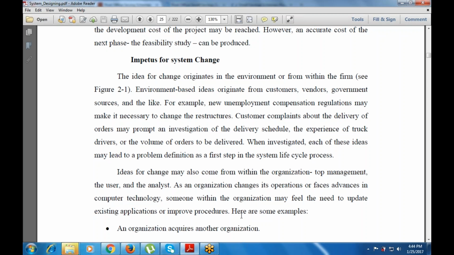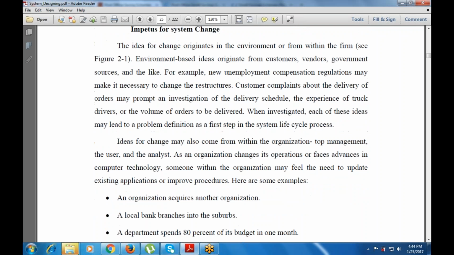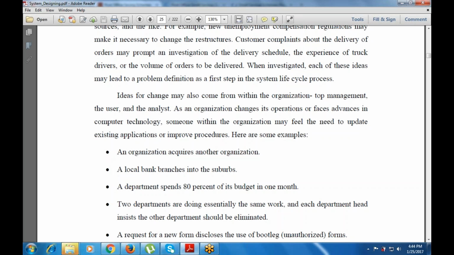Organizations also require data. So as an organization changes its operations or faces advances in technology, someone may feel the need to update existing applications to improve the procedures and the function.